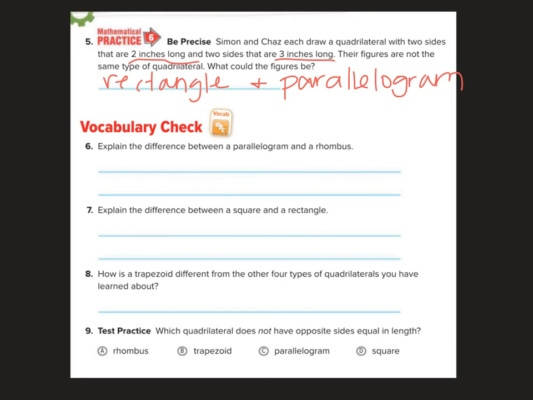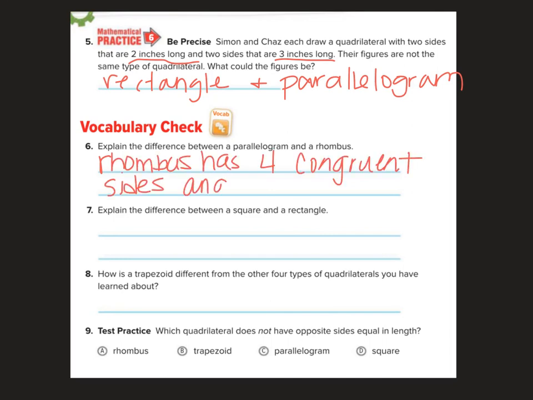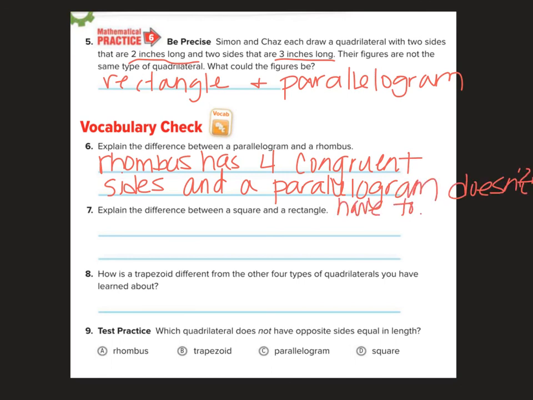Explain the difference between a parallelogram and a rhombus. Okay, a rhombus has 4 congruent sides, and a parallelogram doesn't have to. Okay, explain the difference between a square and a rectangle.